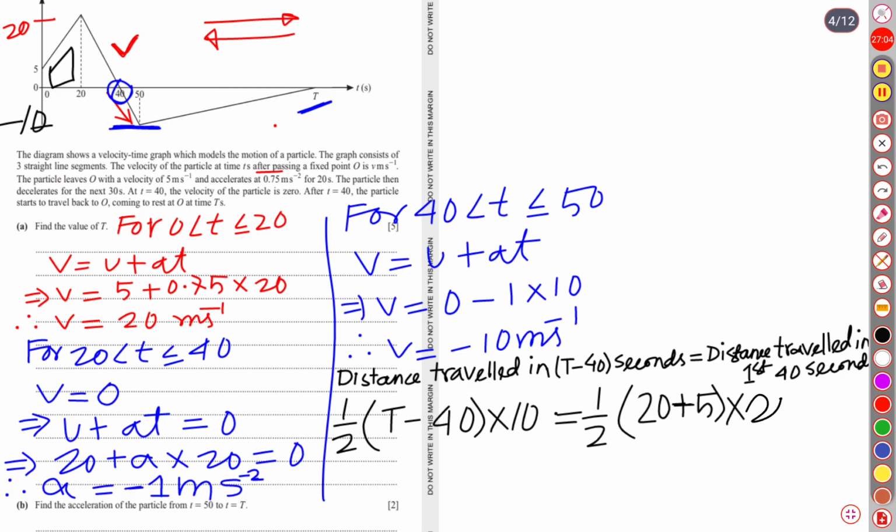This is for the first part, trapezium, for the first 20 seconds. But the next part is a triangle. The second part is a triangle.